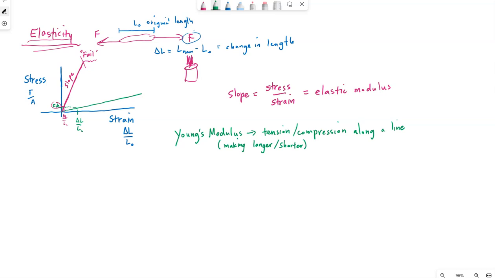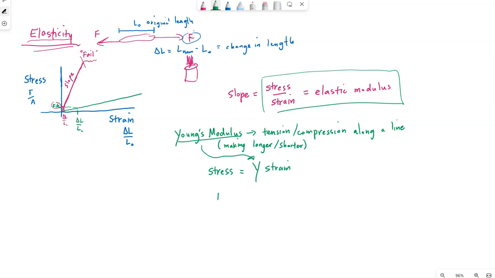So what we end up with is, if I rearrange this, I can say the stress applied is equal to what we call the Young's modulus, so we use a capital Y to represent that, times the strain. The stress is the force per area that is being applied to this material.